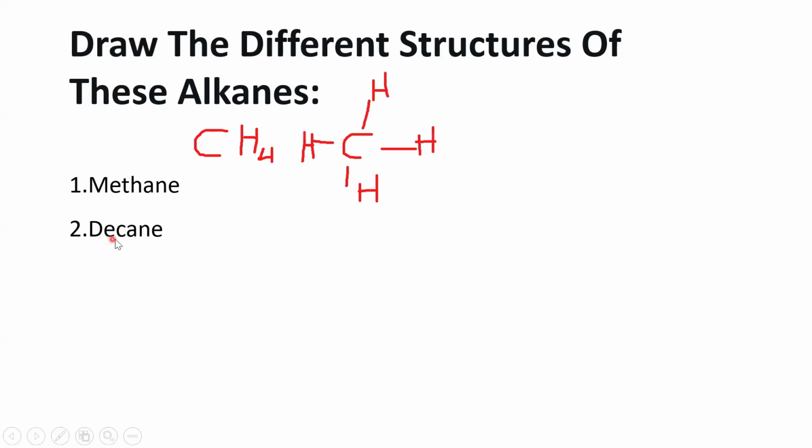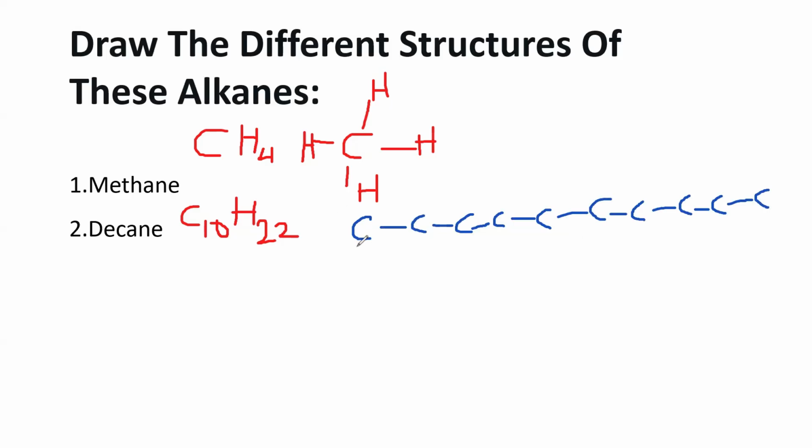Decane, dec means 10 carbons. The molecular formula is C10, n equals 10, H2n plus 2. 2 times 10 is 20, and plus 2, 22. C10H22. To draw the full structure, first draw the carbon backbone, 10 carbons, then draw the bonds.